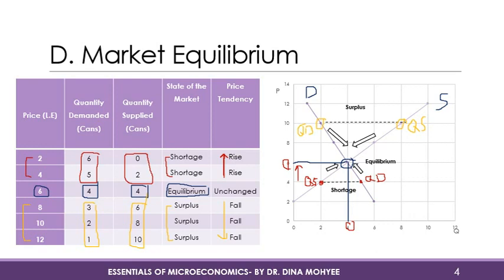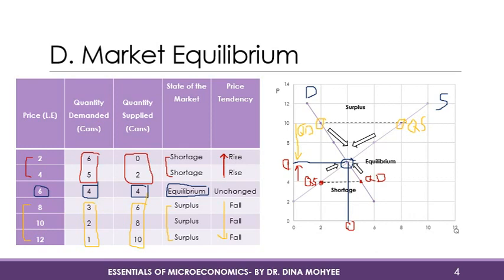This means that there is a surplus in the market, and when there is a surplus, the price tends to fall until we reach equilibrium again at the price of 6, where the quantity supplied equals the quantity demanded.